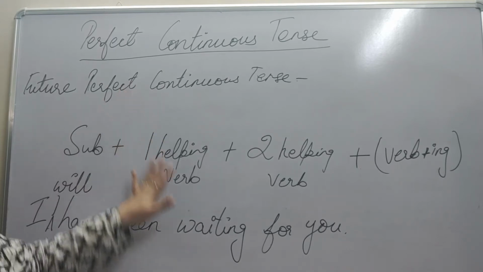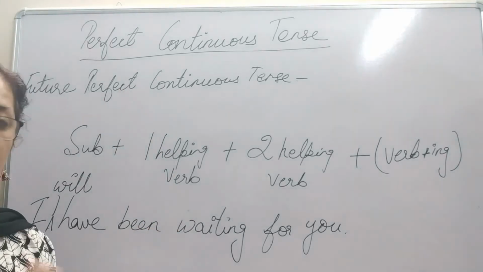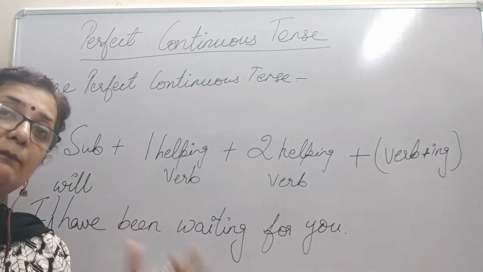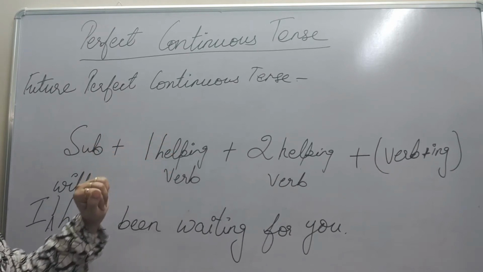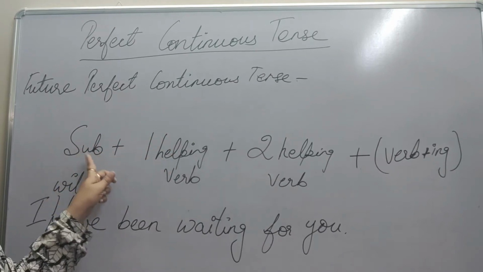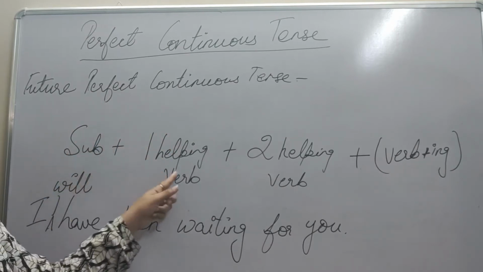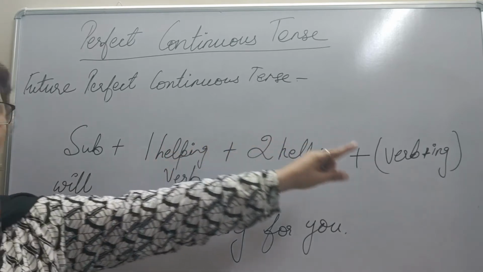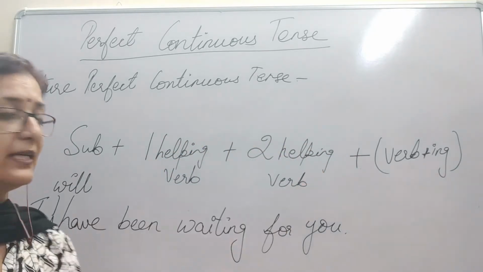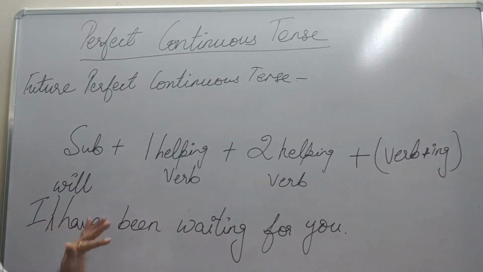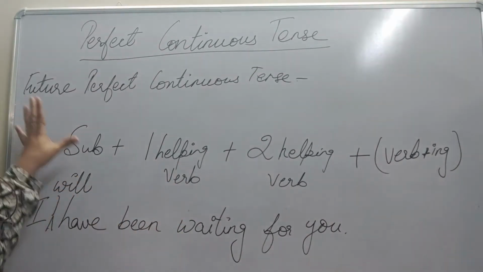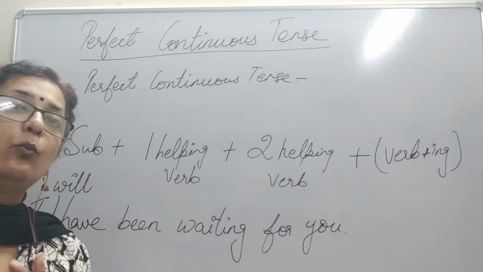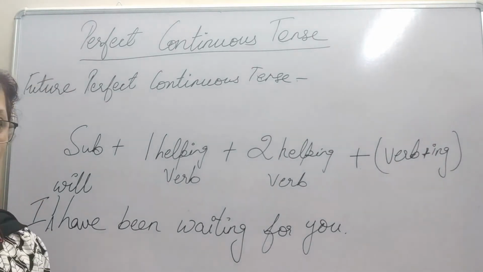So we can see this continuous thing: this action has been completed, but it was in the continuous form when it was being completed. First one, if you remember, we took I had been waiting for you, right? Present form was I have been waiting for you, and future tense, I will have been waiting for you.